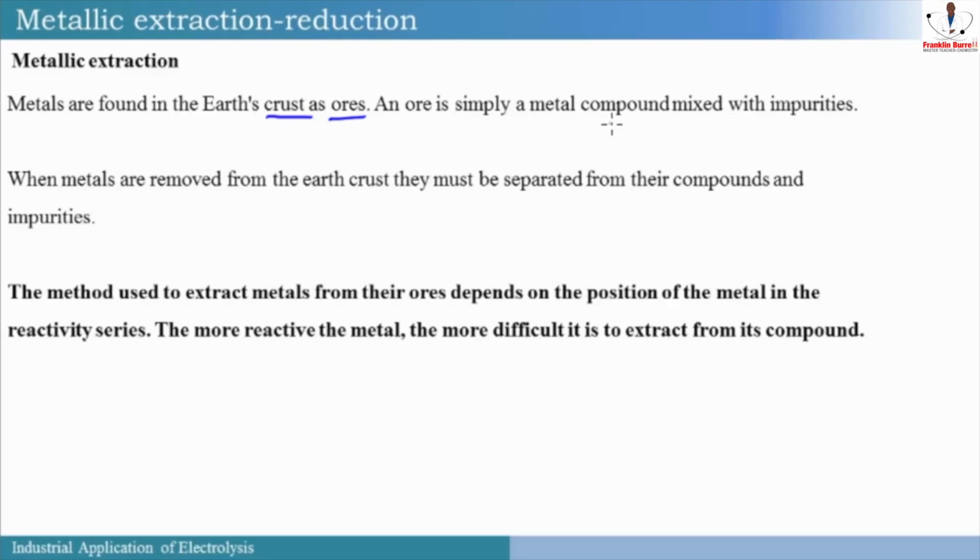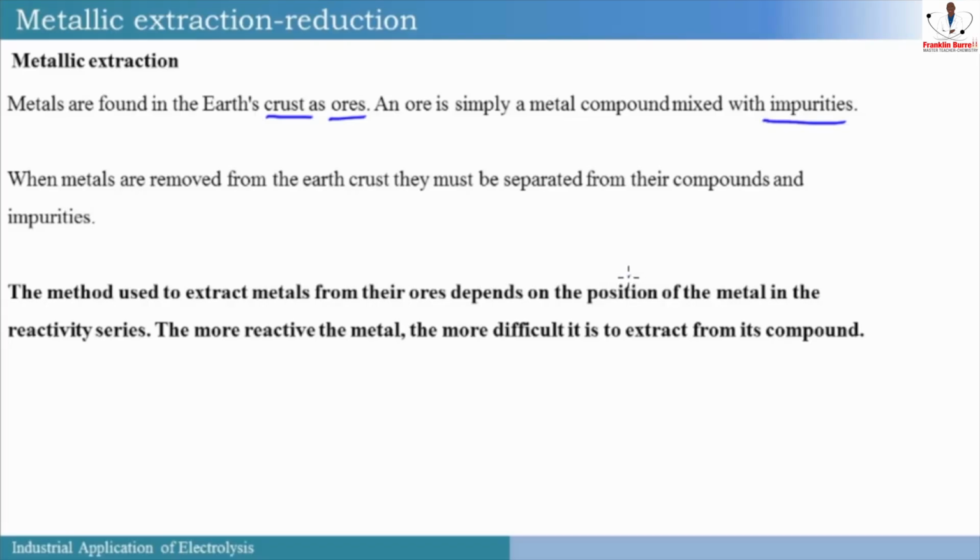So we have our metal found in its natural state in the environment along with impurities. So we need to extract this metal from the ore and purify it. So when metals are removed from the earth crust, they must be separated from their compounds and the impurities. This is the whole process of extraction.